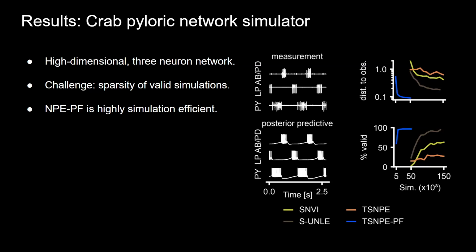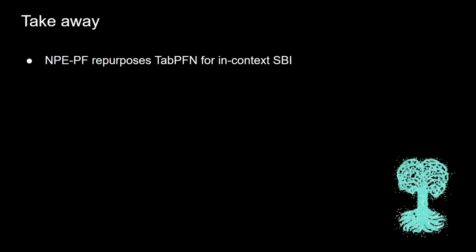Then we're already coming to the end. The takeaway is that our method NPE-PF repurposes this tabular foundation model for in-context simulation-based inference. This makes it quite easy to use and simulation efficient. Maybe some intuition for this: when TabPFN is pre-trained, they also include a lot of very small data sets.